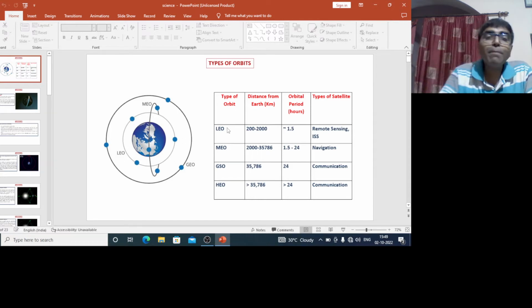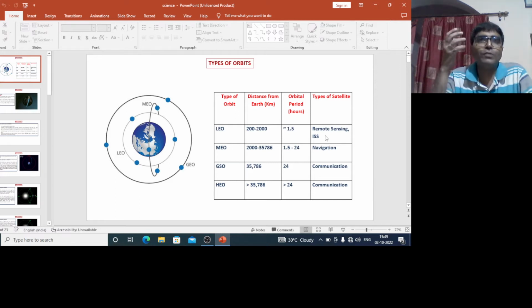And the type of satellite used is remote sensing. So the low earth orbit has an altitude of 200 to 2000 kilometers, an orbital period of 1.5, and the satellite is remote sensing. Remote sensing satellites can give you information regarding weather predictions; it is an observational satellite.